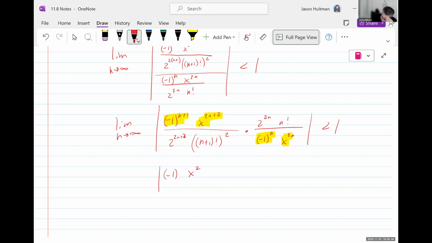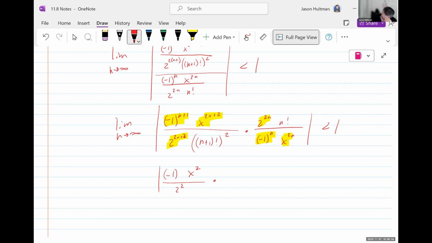That's cool. The same thing with the bottom, the 2 to the 2n and the 2 to the 2n plus 2, that's going to cancel and leave me a 2 squared, which is 4 on the bottom. I'll leave it as 2 squared right now.